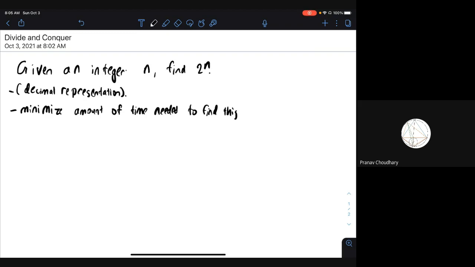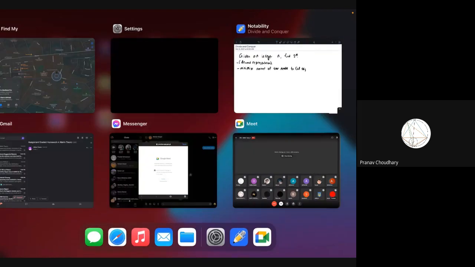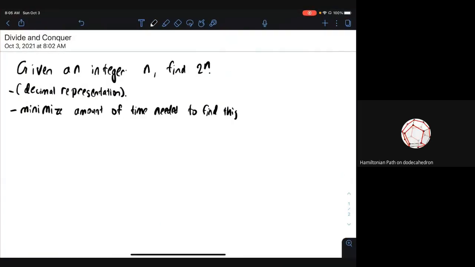So, first, can anyone tell me a very obvious way to find this? Multiplying 2 n times. Yeah. So you do 2 times 2 times 2.